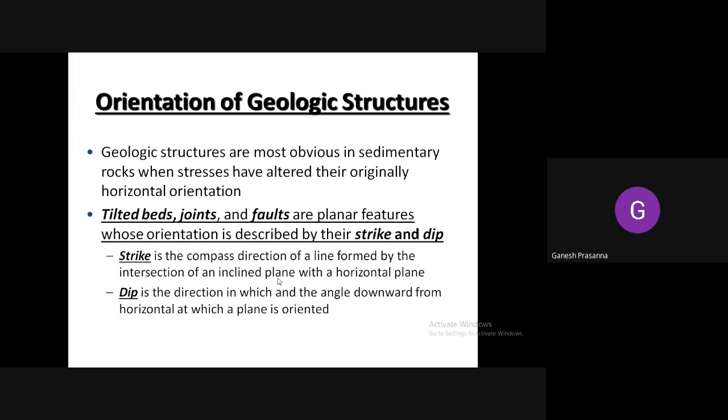The dip determines the angle at which the plane is oriented.